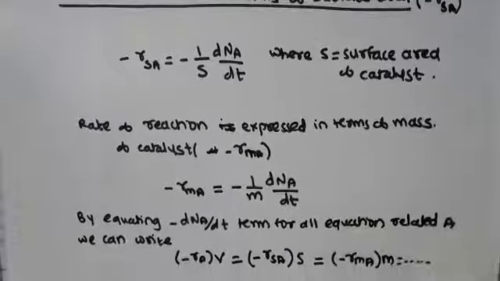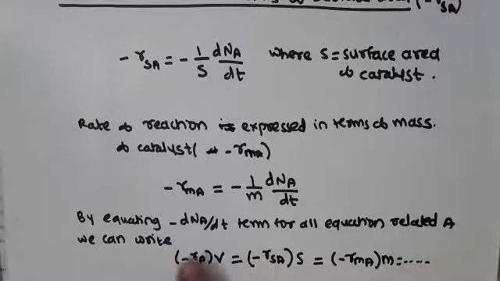You may use some other variables. So in this way, suppose you know the value of minus RA, V and S, you can find out the value of minus RSA.